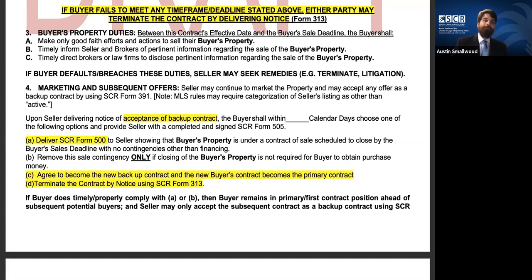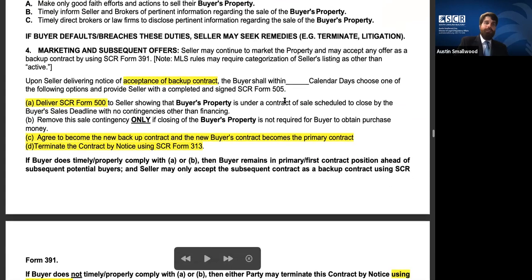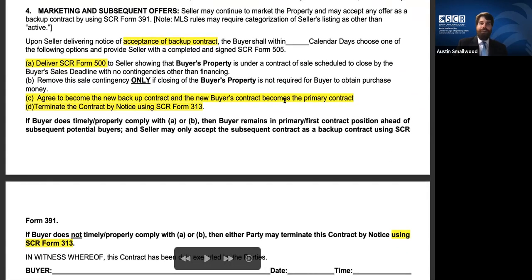So paragraph 4 is really sort of the guts and the teeth in this form, and there were a few big changes made to it. In the previous version, the seller could essentially start the clock on a buyer by receiving a backup offer. This has now been changed: they have to have accepted a backup contract.